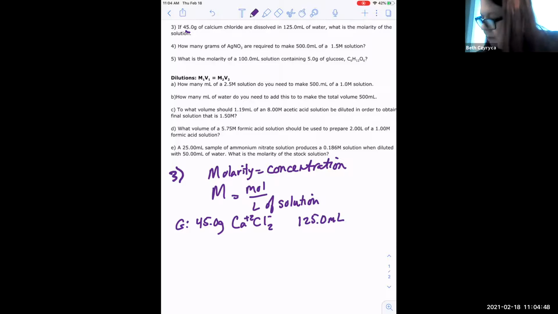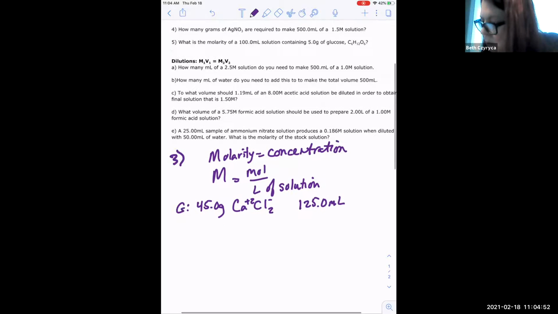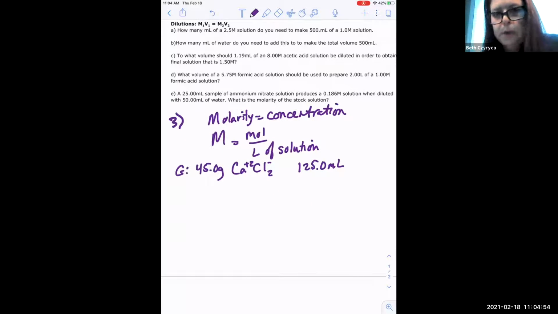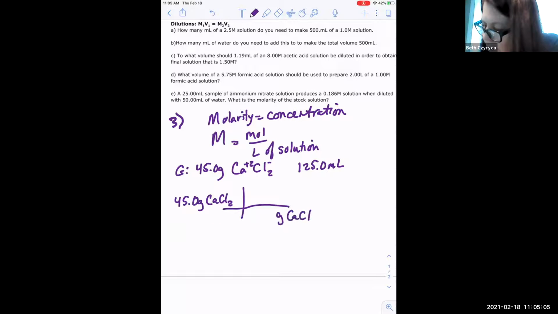So basically we have to fill in moles and liters to get the molarity. So we just have 2 conversions to do, and then we divide. So somebody's going to need to calculate here. We have 45.0 grams of CaCl2. We have to cancel out grams and go to moles, so we need the molar mass.